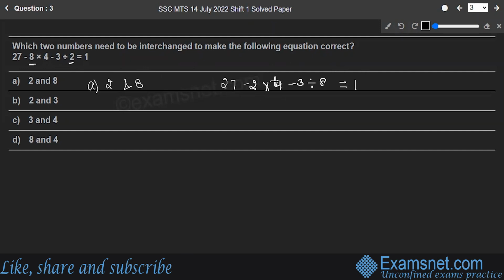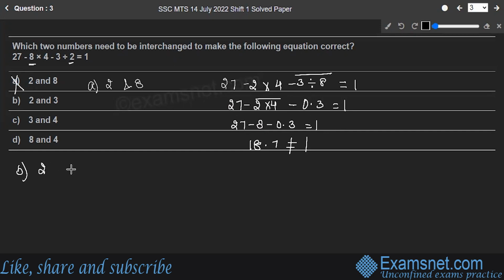According to the BODMAS rule, first of all we divide 3 by 8, which gives 0.3. Next is the multiplication: 27 minus 8 minus 0.3 should be equal to 1. Solving 27 minus 8 minus 0.3 gives 18.7, which is of course not equal to 1. So this is not the correct answer.